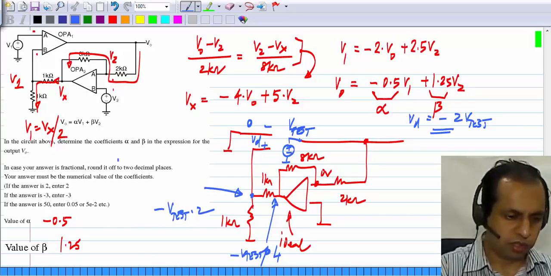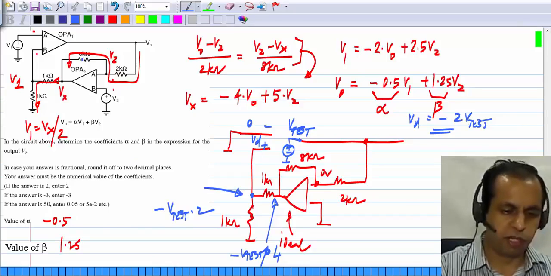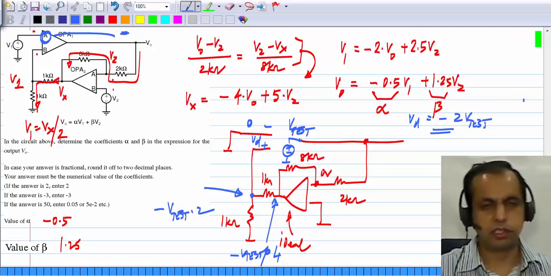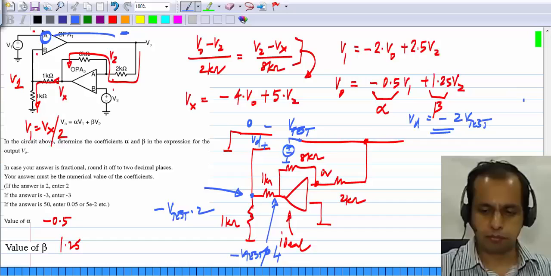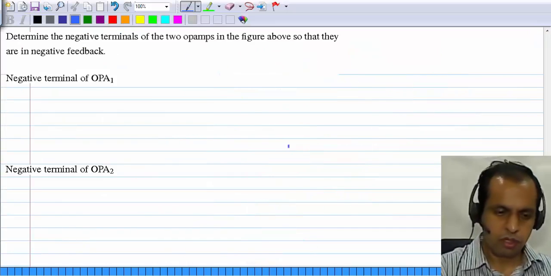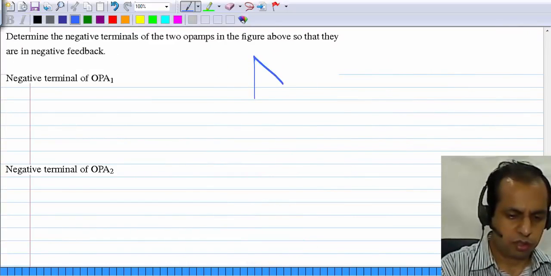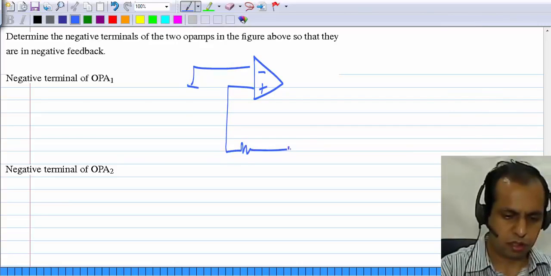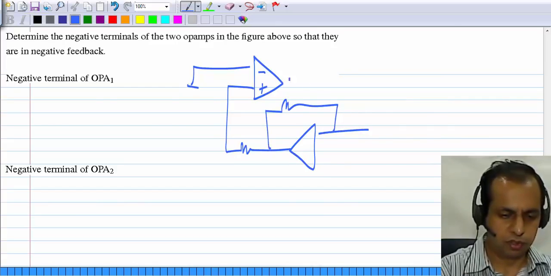Okay, so the negative terminal of OPA1 is A, so that should be minus. Okay, now that that is already known, we can find the signs for OPA2.